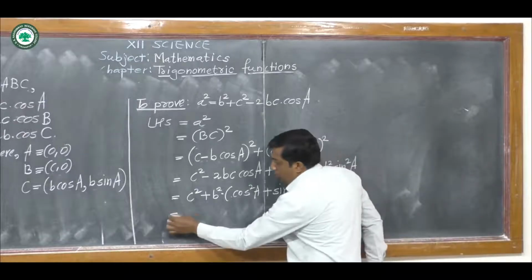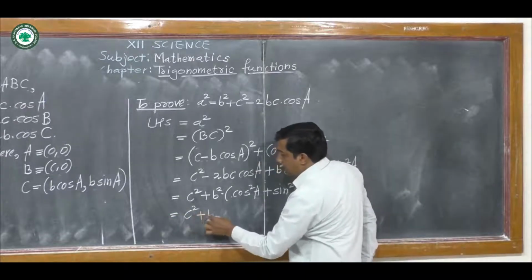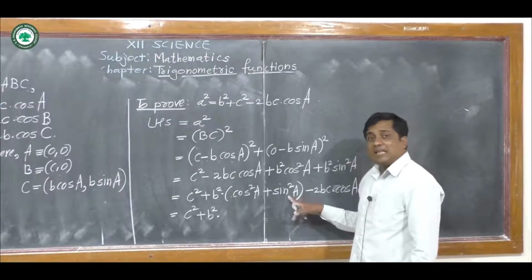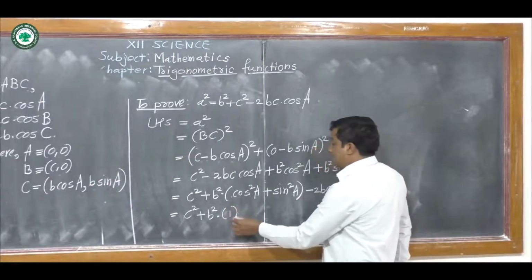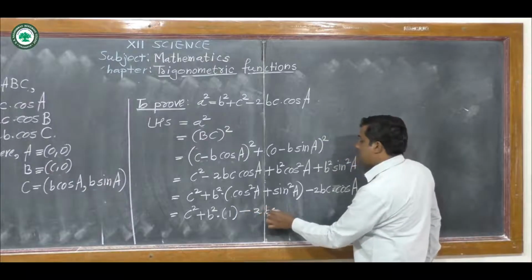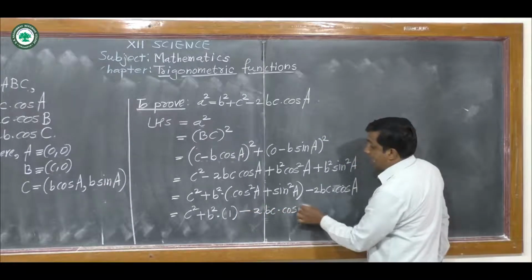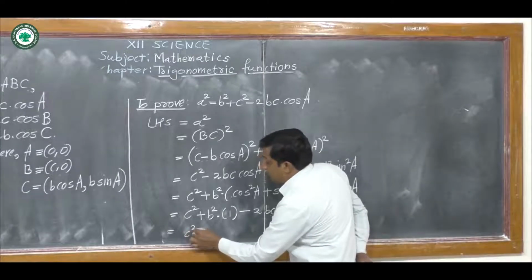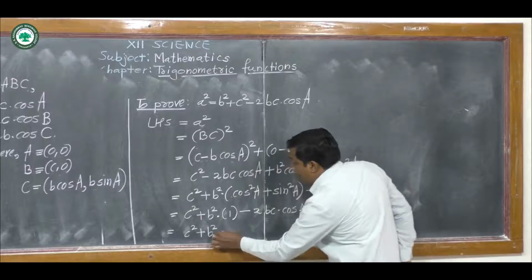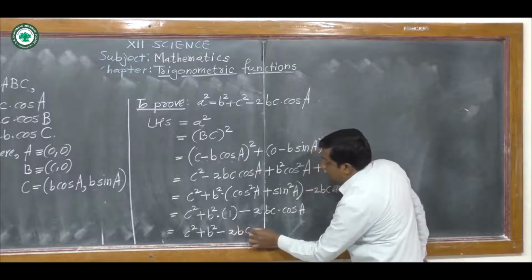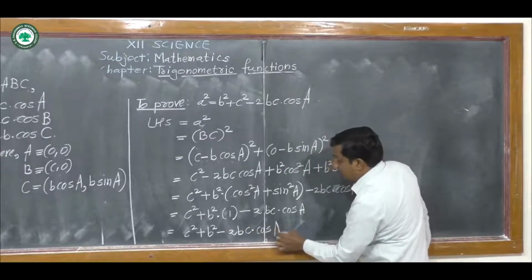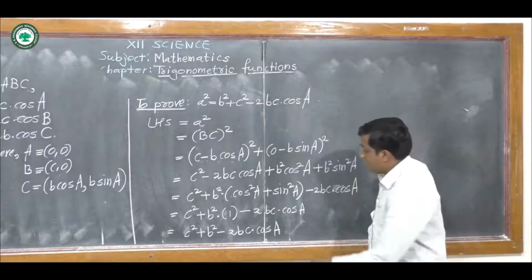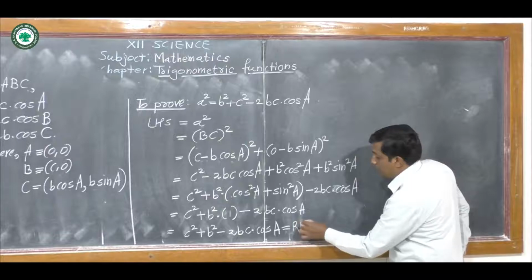We know cos square A plus sin square A is 1, so lastly we get c square plus b square minus 2bc cos A. And this is our RHS.